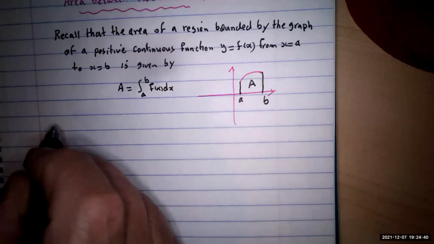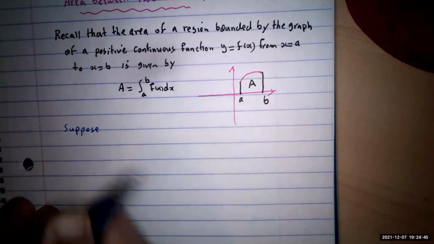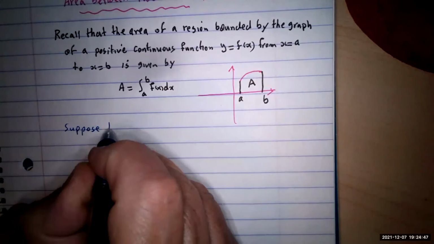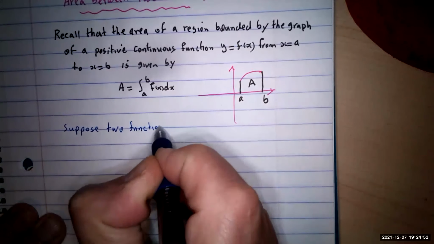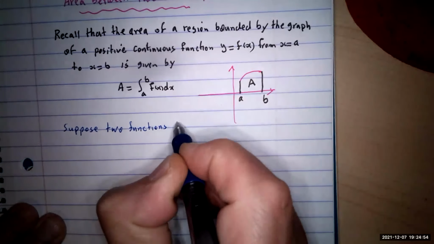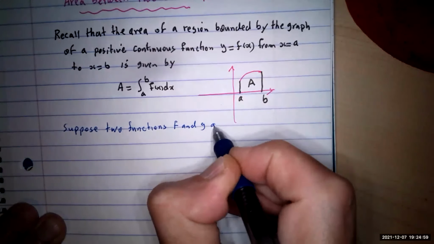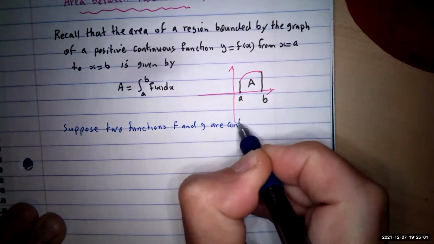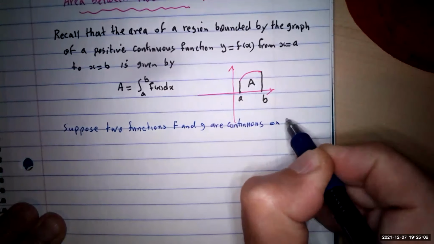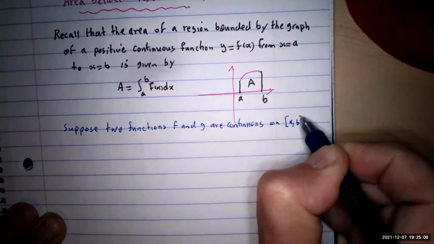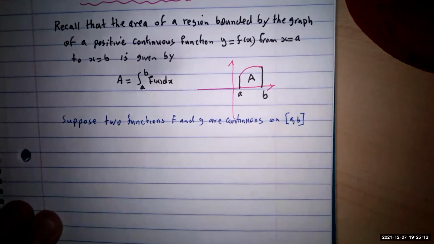Now suppose we have two functions, f and g, that are continuous on the closed interval a, b. When we graph them, one of them is going to be on top of the other, above and below.